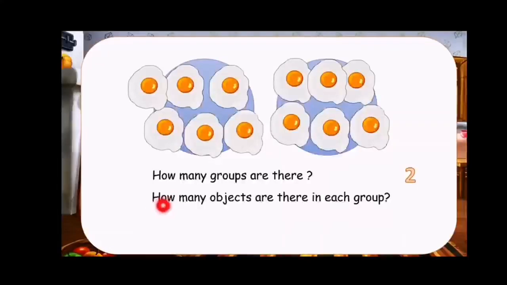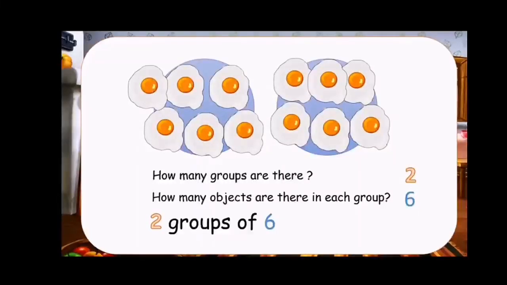Now the question is, how many objects are there in each group? Can you count the number of objects in one group? Let's count them. 1, 2, 3, 4, 5, 6. There are 6 objects in one group.